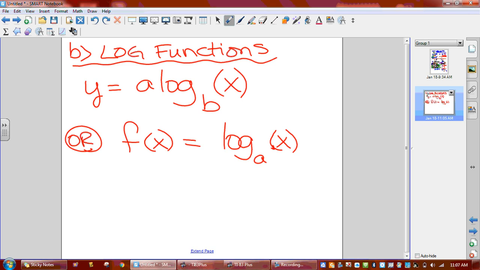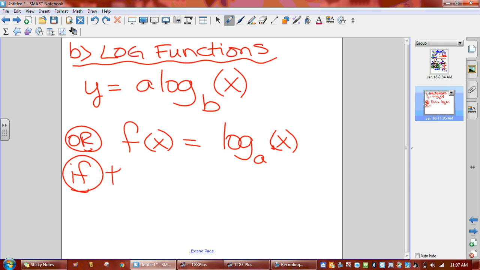Now, whenever we deal with a log, the number in front attached to the log is going to tell us whether it's increasing or decreasing. And that's if the base number is a whole number, or greater than 1. So, this is an important if.